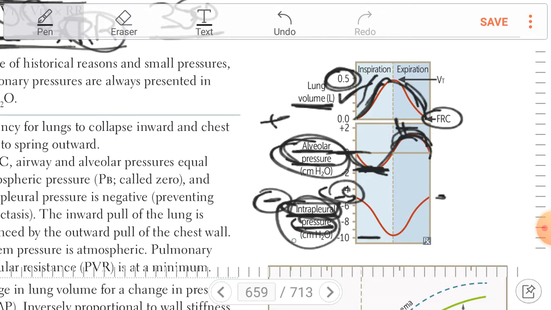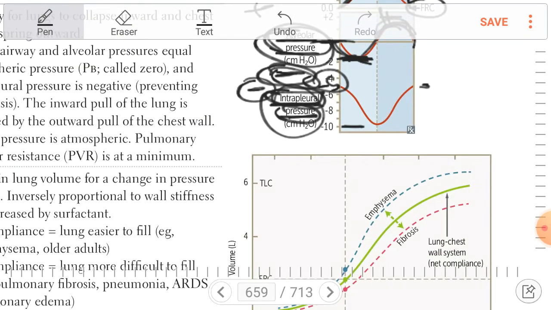If there is movement of the lung, the chest wall will follow the lung, because of the negativity in intrapleural pressure between both of them, and it will return to negative 5.